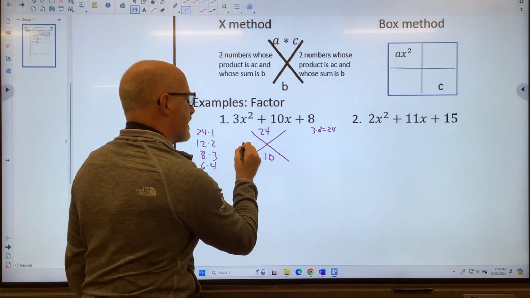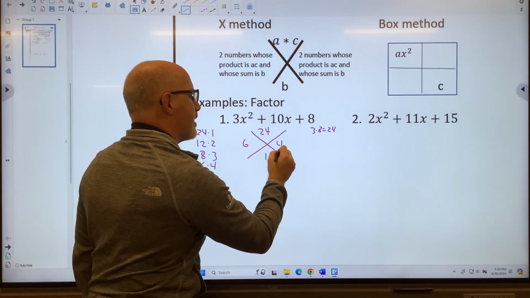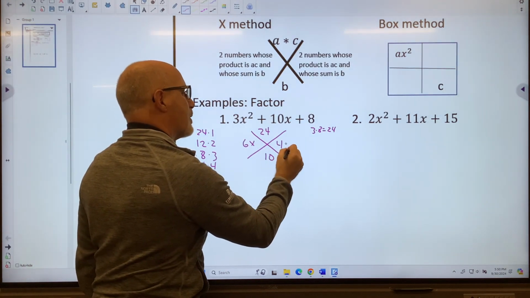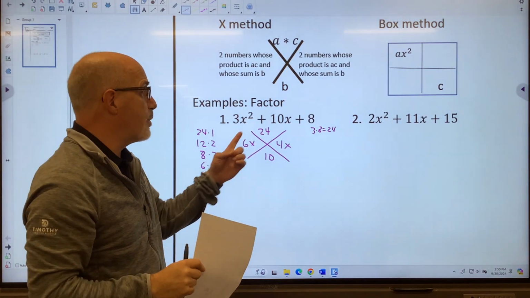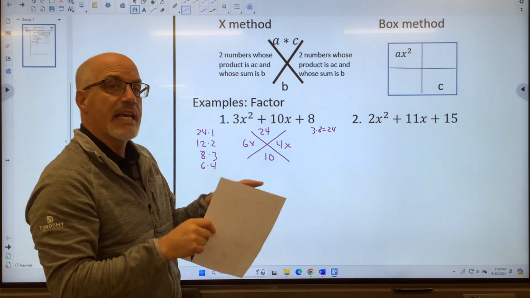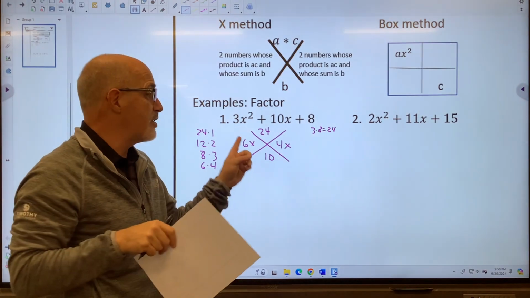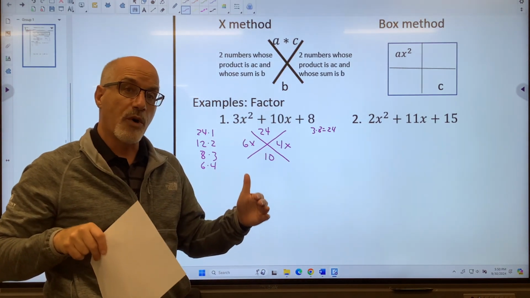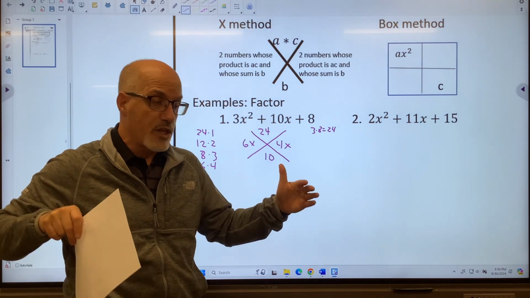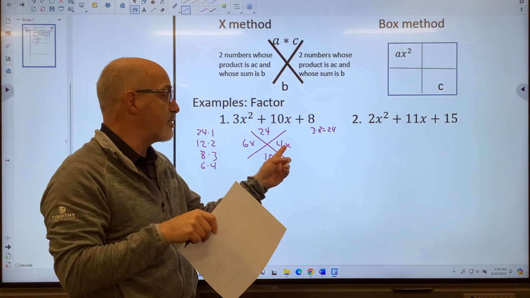So I'm going to put a 6 here and a 4 here, and I'm going to put the x's with it. Now here's the secret to the X method. What we're doing is we're taking this 10x and we're splitting it up into two different x terms. Just like when you were multiplying things together, you added the 6x plus the 4x to get it.